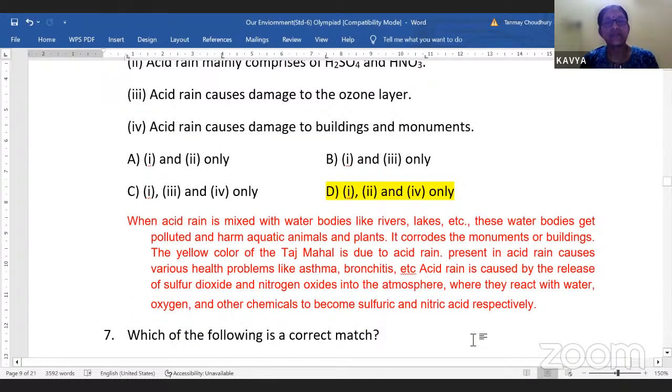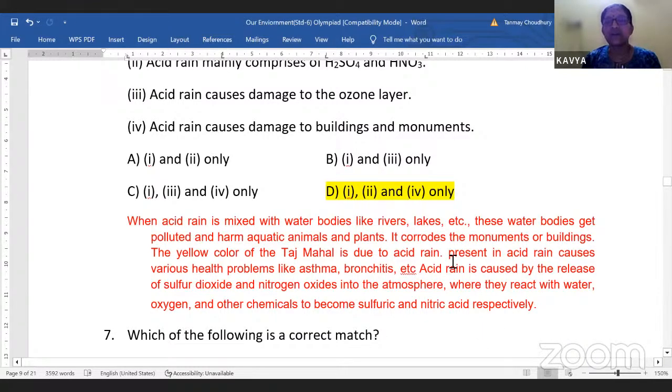So these are some facts written about acid rain. When acid rain is mixed with water bodies like rivers, lakes, etc., these water bodies get polluted, and they harm the aquatic plants and animals living in the water. Then it corrodes the monuments or buildings. The yellow color of the Taj Mahal is due to acid rain.